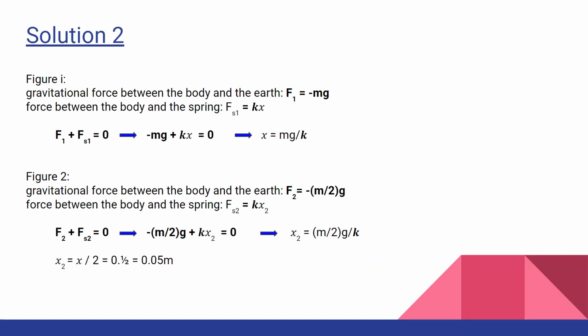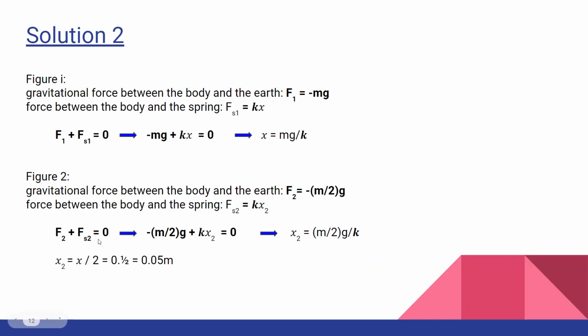So here, because the mass is not the same, it has m over 2 g because the masses have been halved. But Hooke's law still applies because this k is the exact same and both springs are ideal.